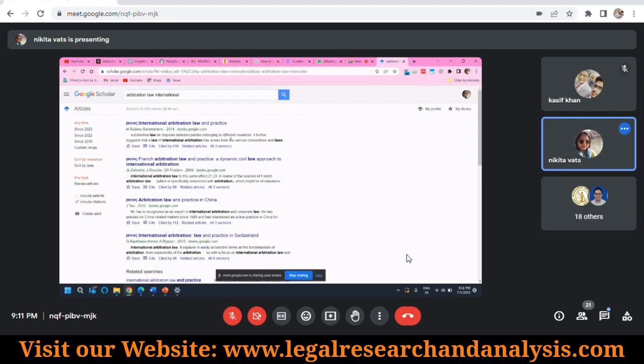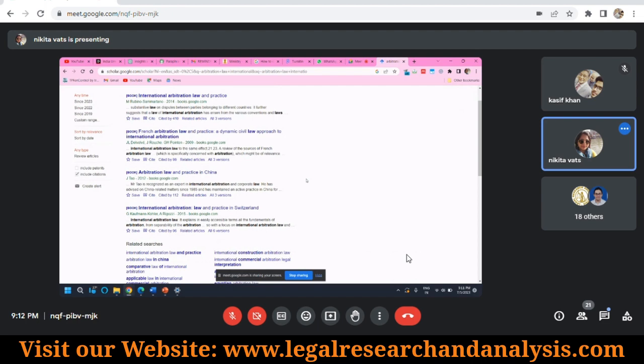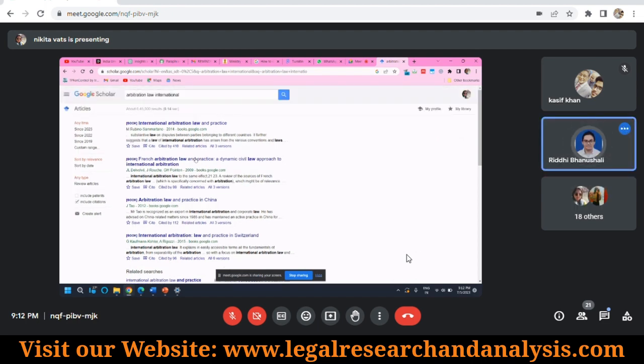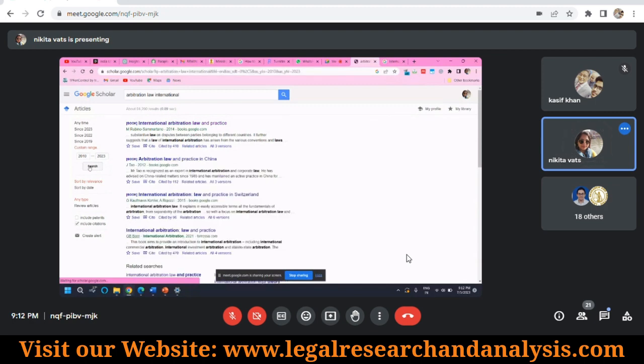Yes. Can you see there is a whole book on international arbitration law and practice, published in 2014? Also, you can put in a timeline, for example, from 2010 to 2023, and search.